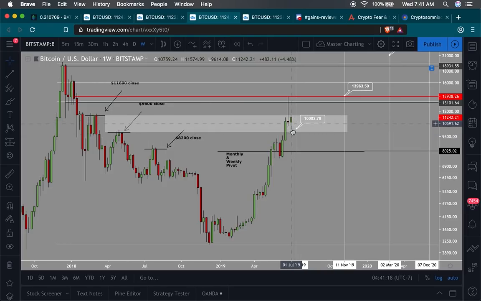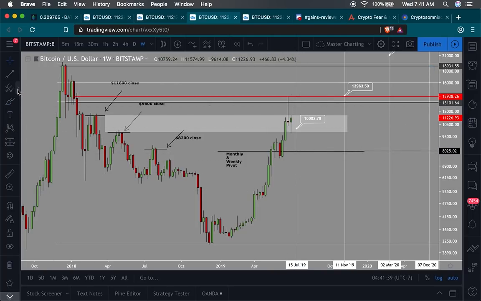Especially if this weekly closes below this area right here, as you can see. That would be around 9,600 or so. Then I would say, all right, that means we might have a temporary shift in momentum. Prices may pull back a bit further, but how much further?